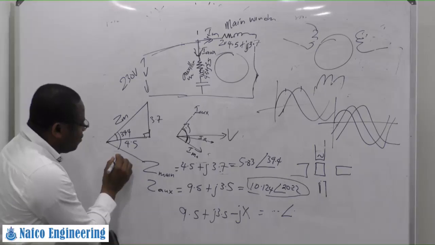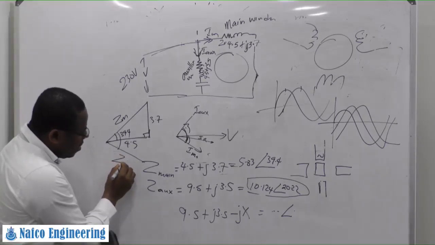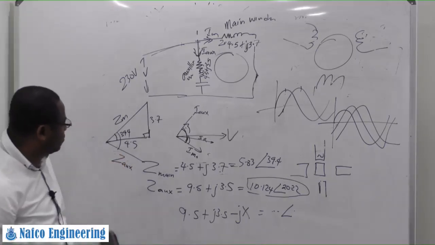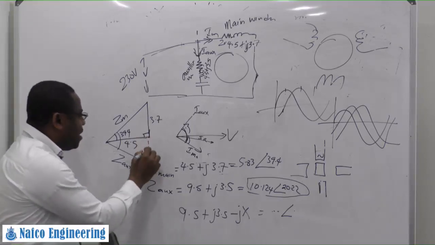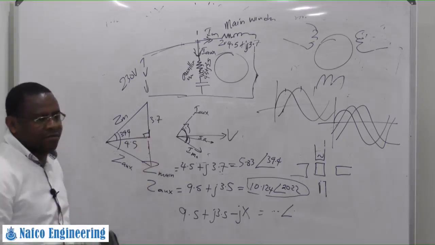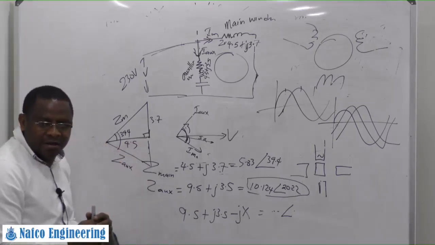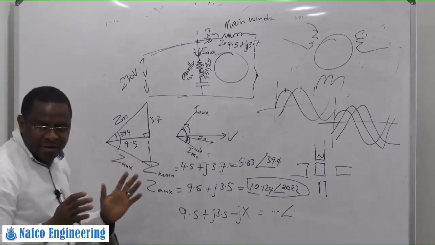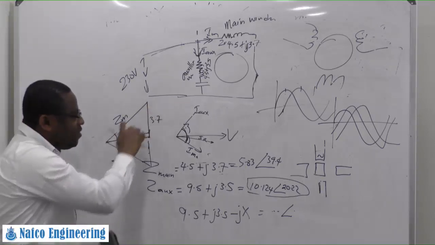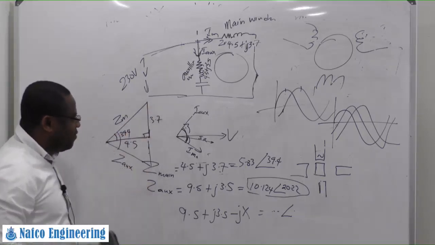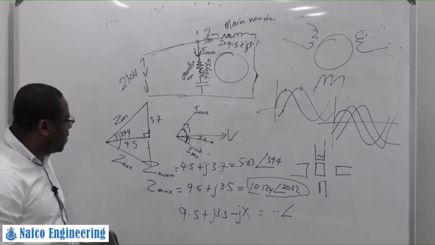If I'm going to get this to be Z auxiliary, remember that I want to make this reactive, capacitive. That's why I'm going to have a lagging side, all right? This is leading for capacitive, inductive.